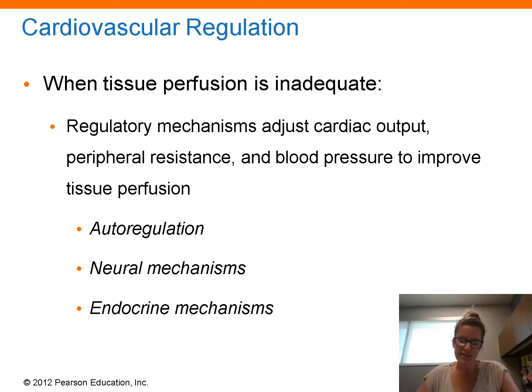When tissue perfusion is inadequate, so when we have a tissue or organ that's not getting enough blood flow, there are numerous different regulatory mechanisms that adjust cardiac output, peripheral resistance, and blood pressure in order to adjust blood flow to make sure that our tissues are getting enough. There are 3 levels of control when we look at things like cardiac output and blood pressure. We have auto-regulation, neural mechanisms of control, and then endocrine mechanisms of control.